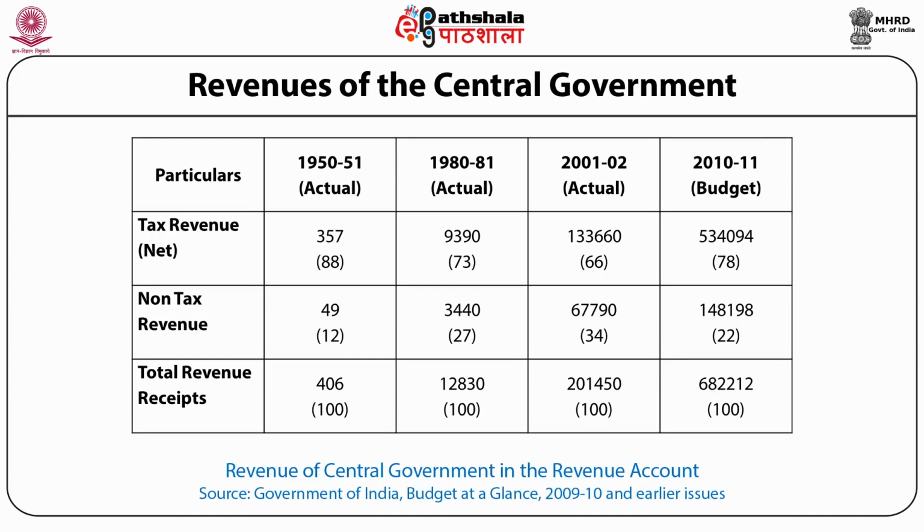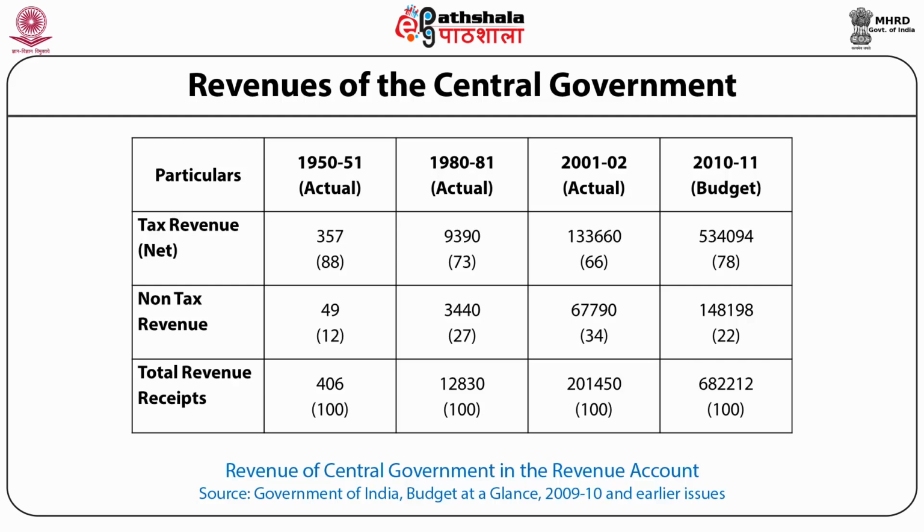This table shows the revenue of the central government in the revenue account. As we can see, the tax revenue increased from 357 crores in 1951 to 5,34,094 crores in 2010-2011.